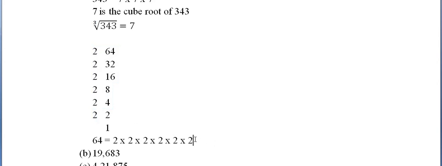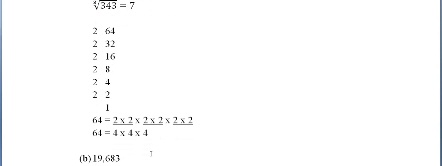Now what you will do is find groups, because for a cube root there must be repetition of the same number 3 times, right? So 2 into 2 is 4, 2 into 2, 4 into 4. Ultimately we can say that 4 is the cube root of 64.